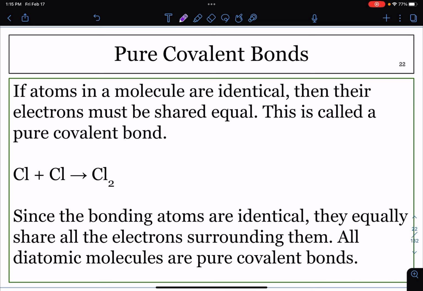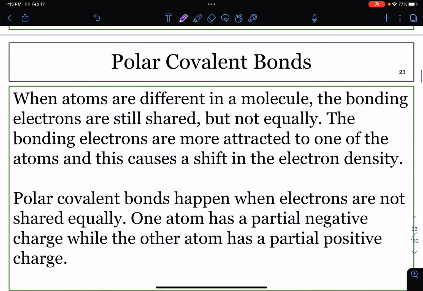When atoms share the bonding electrons evenly, this is called a pure covalent bond. This happens when the atoms are the same type of atom. One atom doesn't have a higher ability to attract the electrons, so they share the electrons between them evenly. However, if you have two different atoms in a bond, most of the time, the bonding electrons between them will not be shared equally.